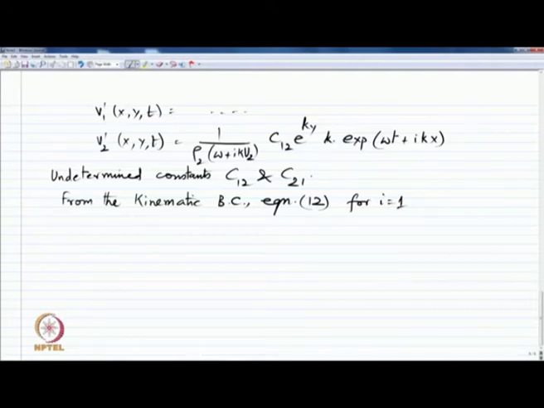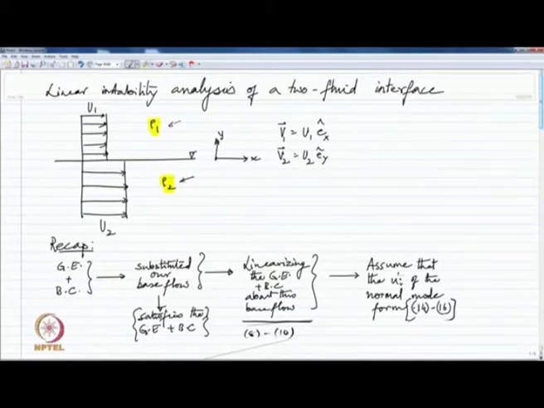Just to recall, a kinematic boundary condition is basically a requirement that if I have a fluid particle sitting on this interface, that fluid particle remains on that interface at all points in time.